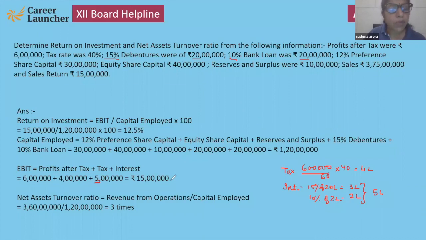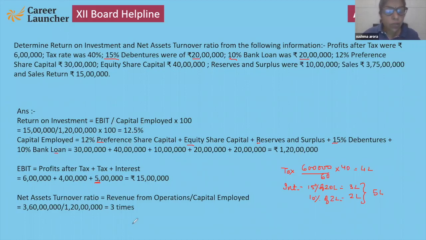So the earning before interest and tax is 15 lakh. Capital employed, clearly you know, means preference share, equity share, reserves and surplus, long-term loans, bank, etc. So this is capital employed. Now put that in the formula.